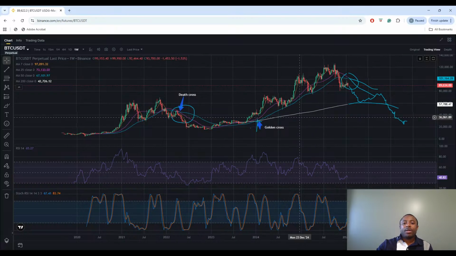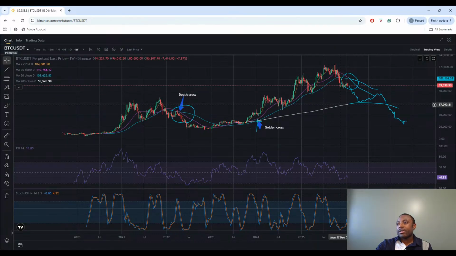And when it comes to moving average, there's another indicator that's called the exponential moving average. The exponential moving average gives more weight to more recent prices, because for the moving average, for instance, this 200 moving average is the average of the candles. Now we are on the weekly chart, right?